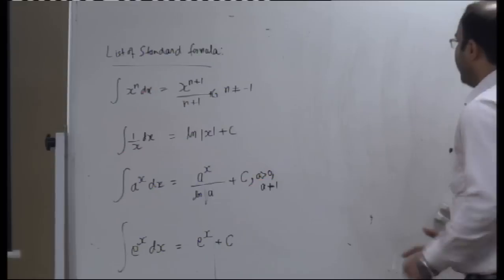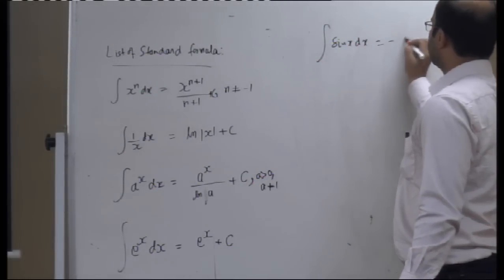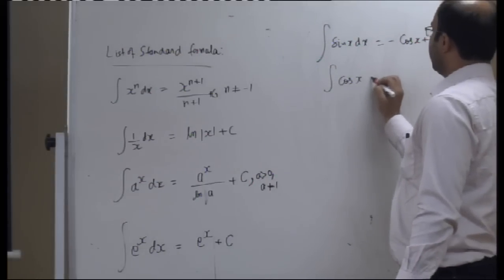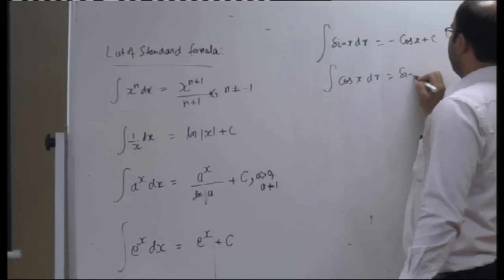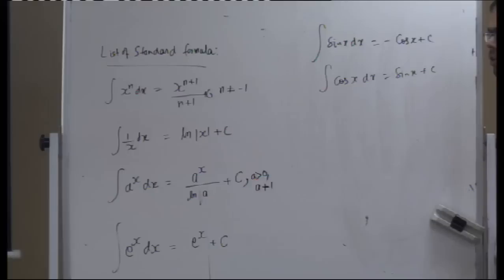So we know that the integration of sin x becomes minus cos x plus c, and the integration of cos x becomes sin x plus c, because the derivative of cos x is minus sin x and the derivative of sin x is cos x.